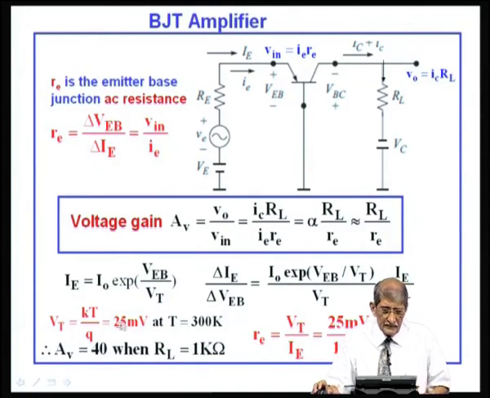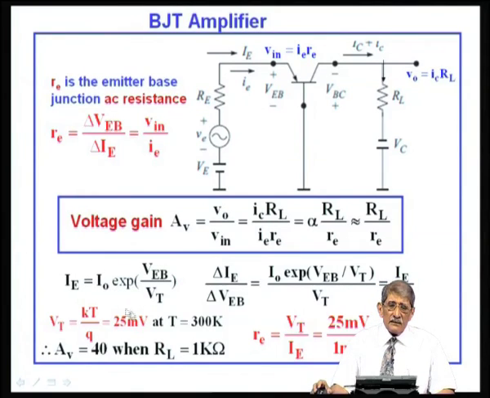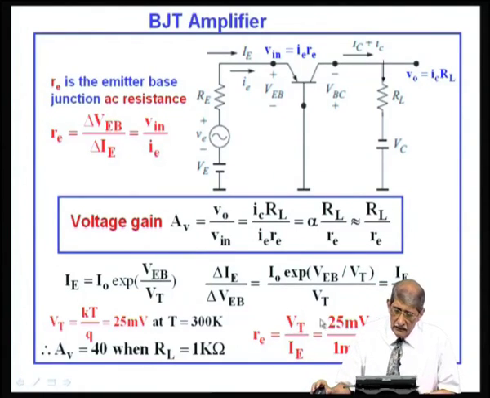You find out like this. The DC current IE is I naught e to the power of VEB by VT. Delta IE by delta VEB will be equal to 1 by VT into I naught e to the power of VEB by VT. That is, delta IE by delta VEB will be IE by VT. Therefore, and what is VT?